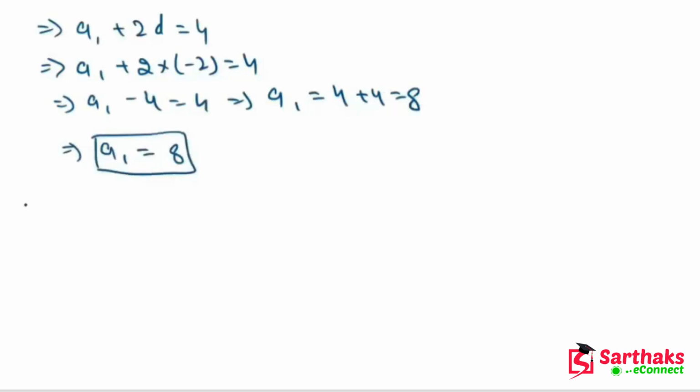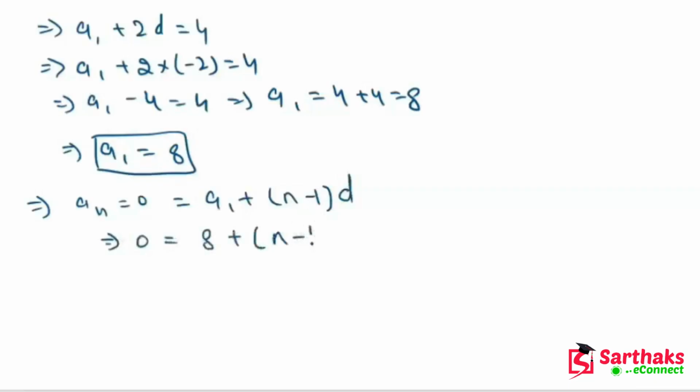Now we want to know what term of the AP is 0. So we can put an equal to 0. a1 plus n minus 1 into d, and we know a1 is 8, plus n minus 1 multiplied by d, which is minus 2.